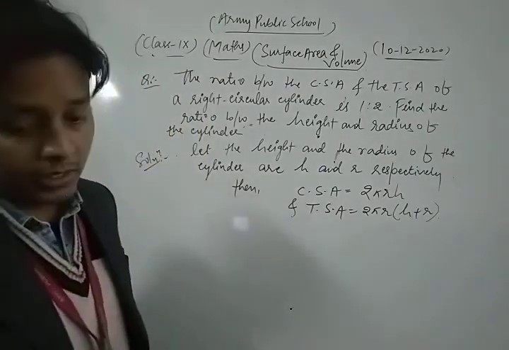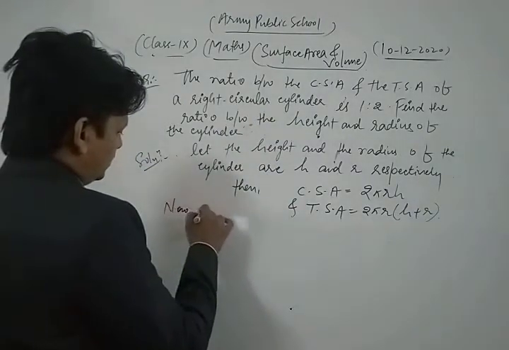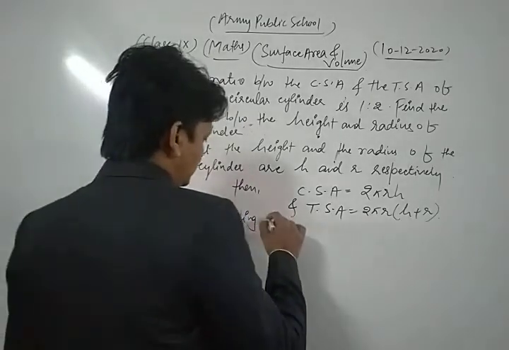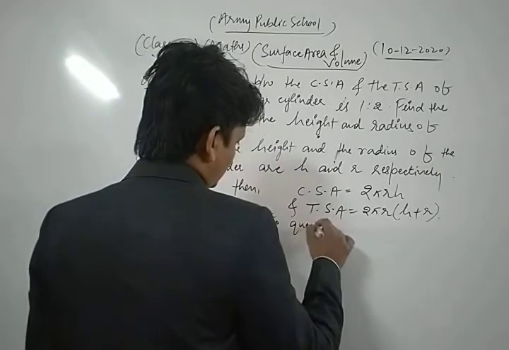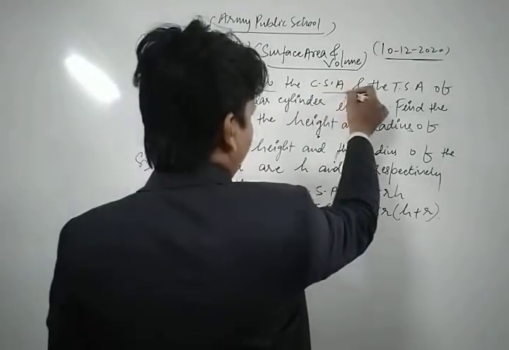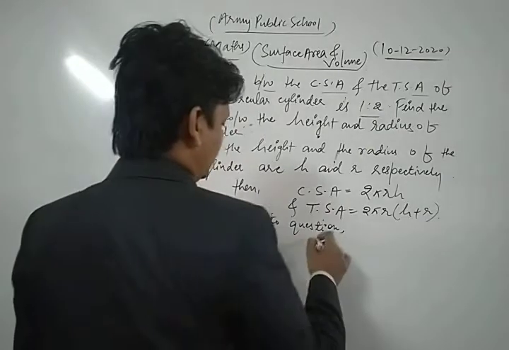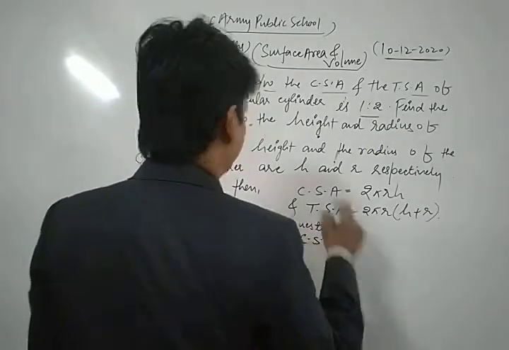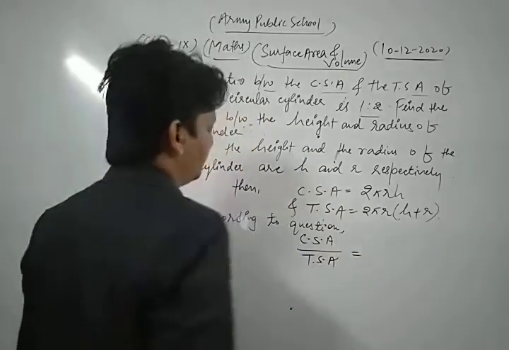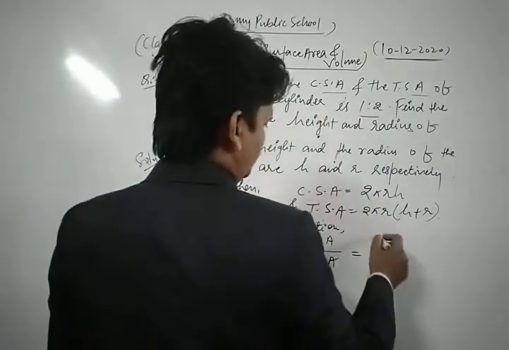Now, dear friends, according to the question, the ratio between the curved surface area and the total surface area of a right circular cylinder is 1:2, which means curved surface area to the total surface area is 1/2.